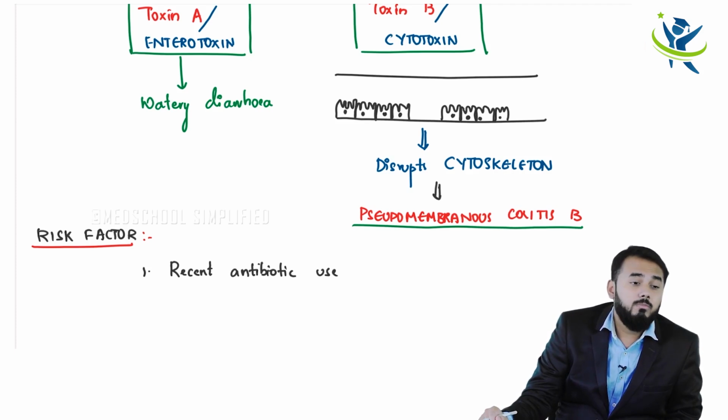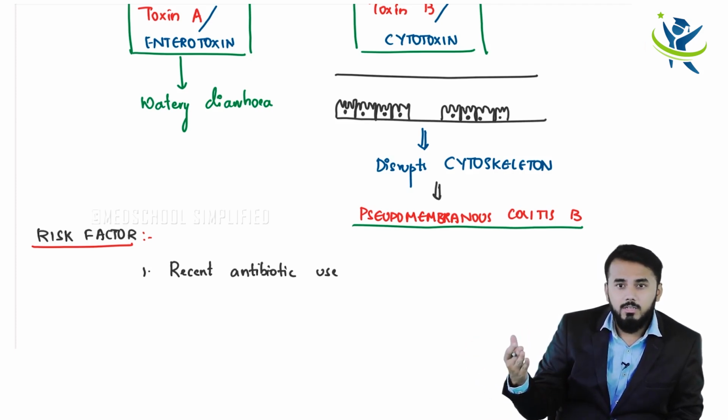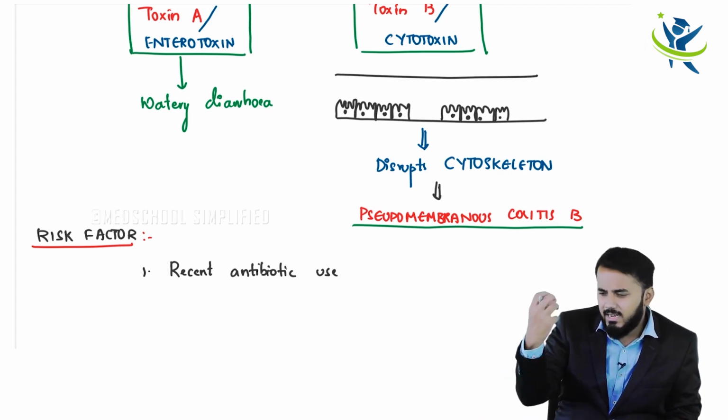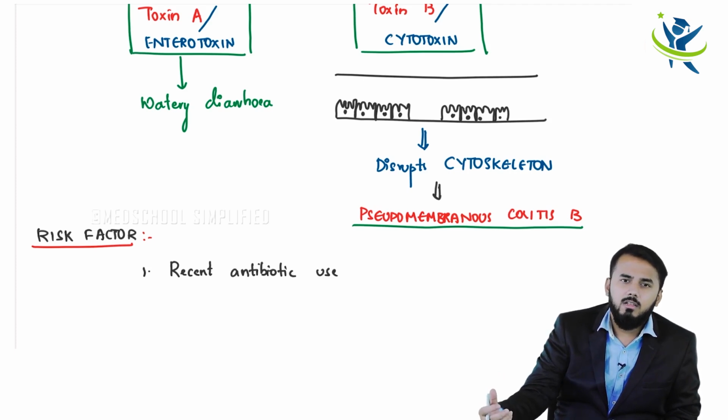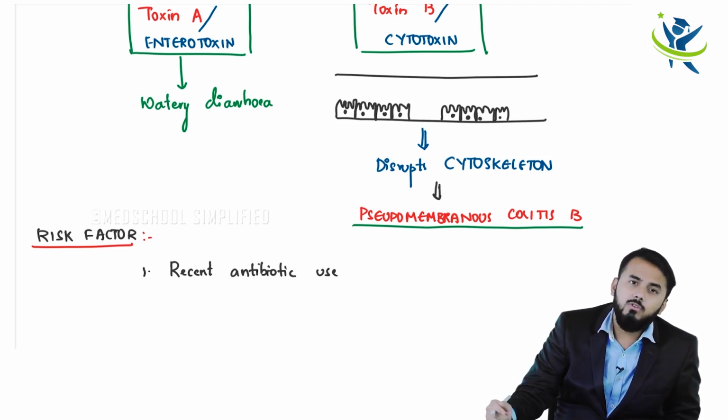He says my stools are completely out of control. They are not solid, they are completely loose. I have watery diarrhea, literally water. So the patient has watery stools because of toxin A, and severe abdominal cramps because of toxin B.